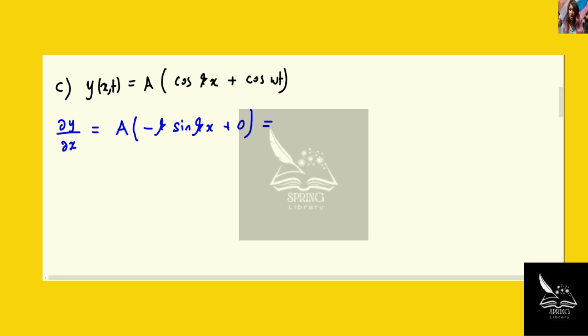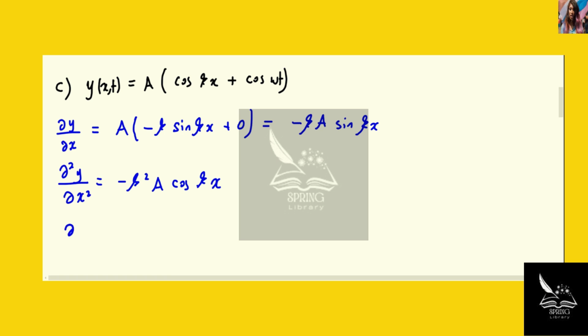And this will leave us with minus k a sine kx. The second derivative, partial squared y over partial x squared, is equal to minus k squared a cosine kx. So this is the second spatial derivative.